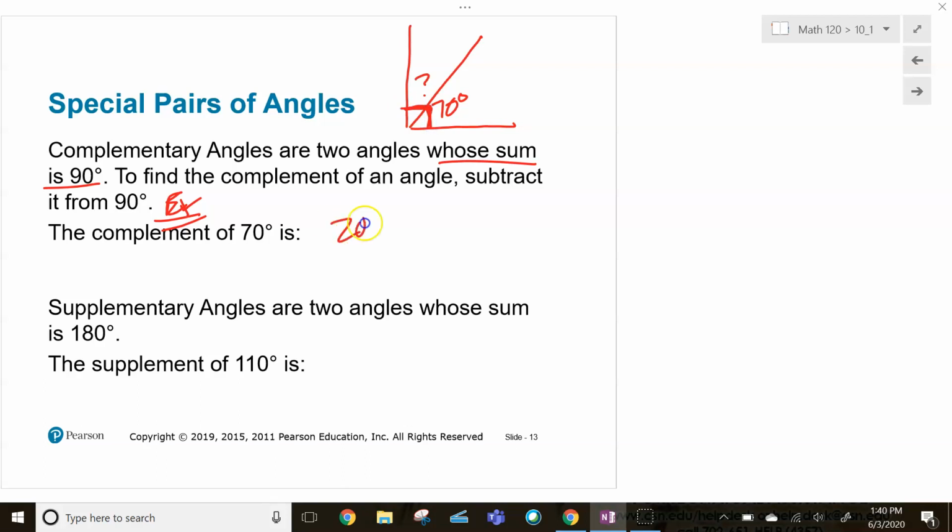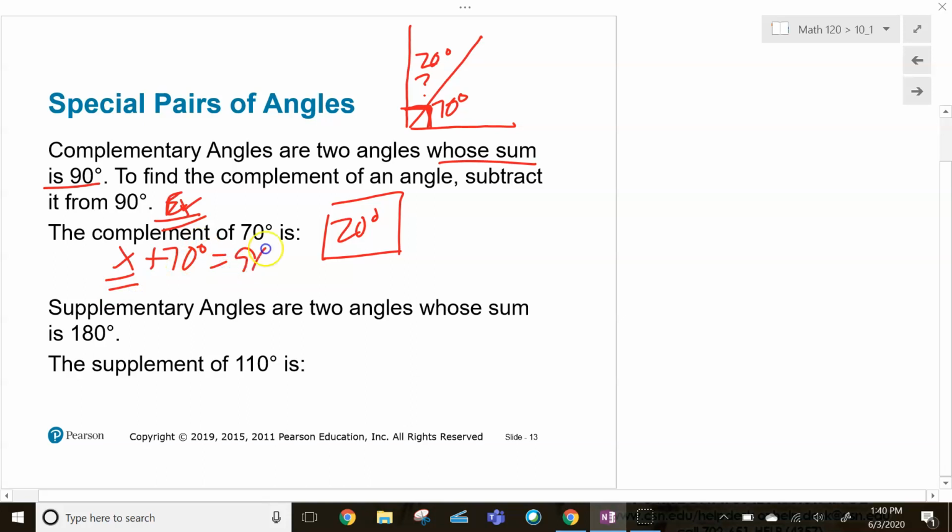It's got to be 20 degrees. If you're not sure, you just say I'm not sure what it is, but I know they add up to 90. Subtract 70 from both sides, and it's got to be 20.